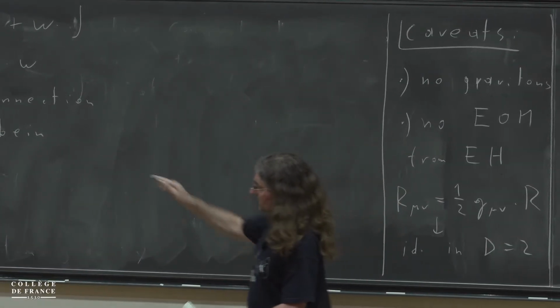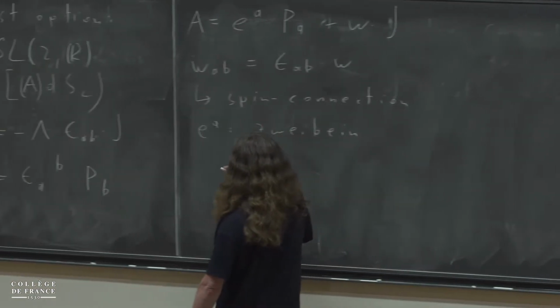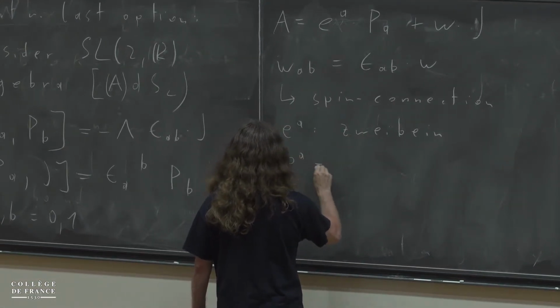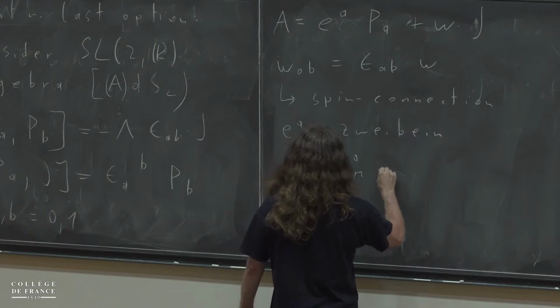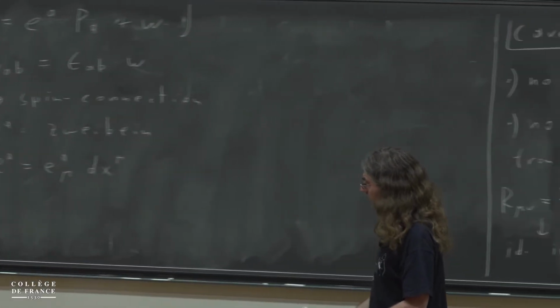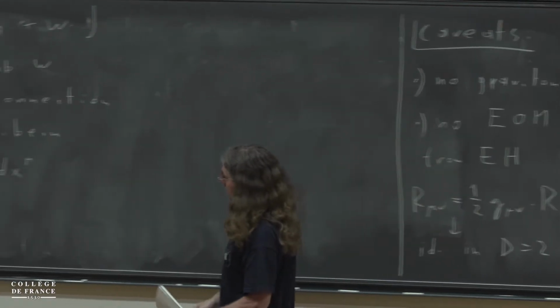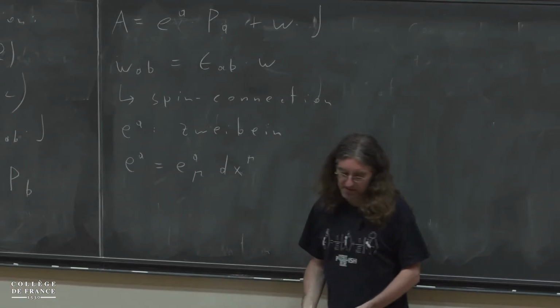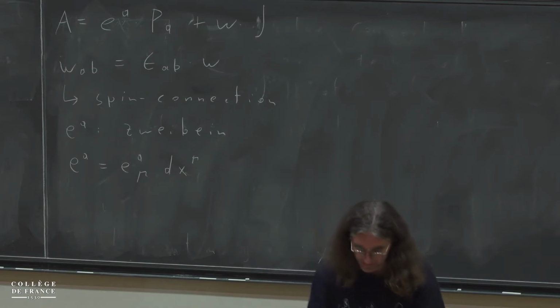And I should say that I'm suppressing spacetime indices, so when I write something like E^A, you should think about this as E^A_mu dx^mu, and similar for omega. And what this quantity does is it basically puts you into an elevator frame.